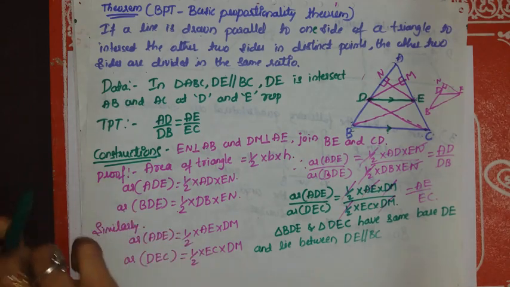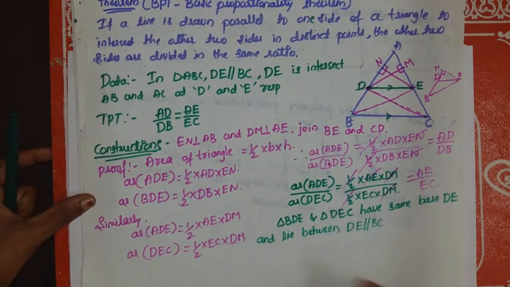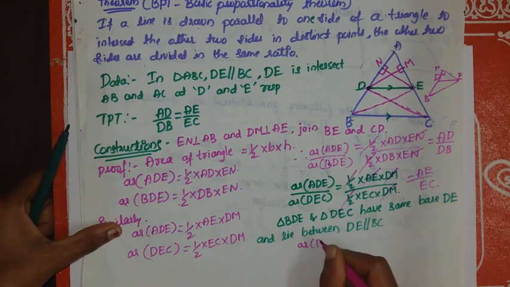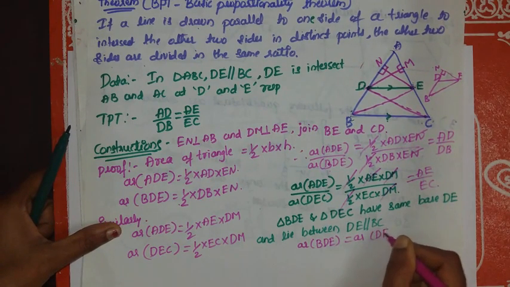That's why the areas of these two triangles are equal, that is area of BDE equals area of DEC.